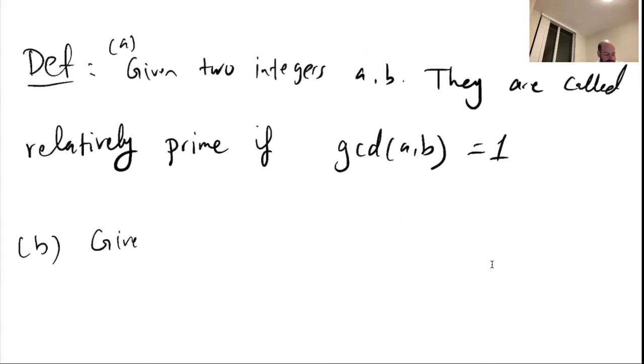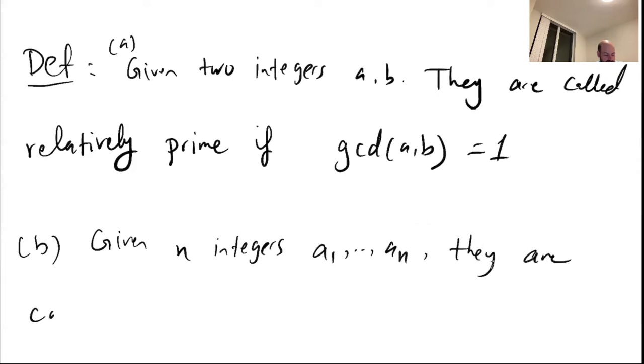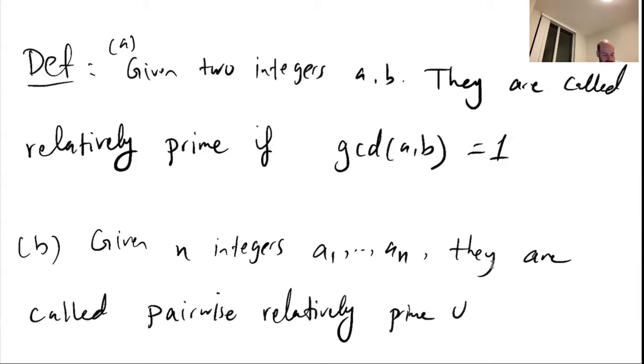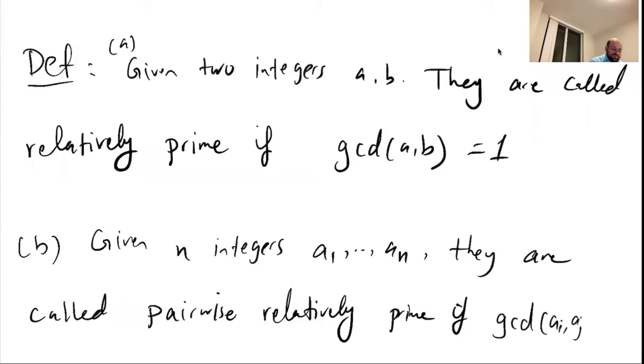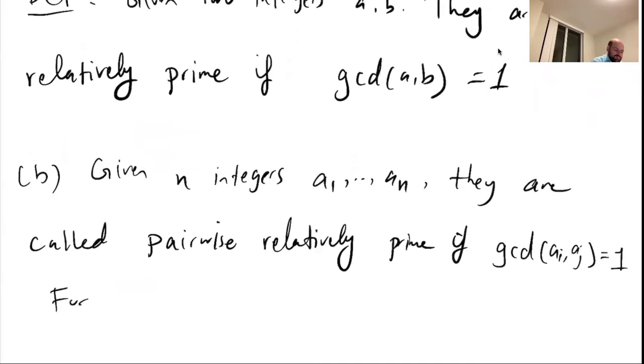Part B, given n integers A1 to AN, they are called pairwise relatively prime if the GCD of any two of them, any two distinct numbers, is 1, for i and j between 1 and n, and of course i not equal to j, right?